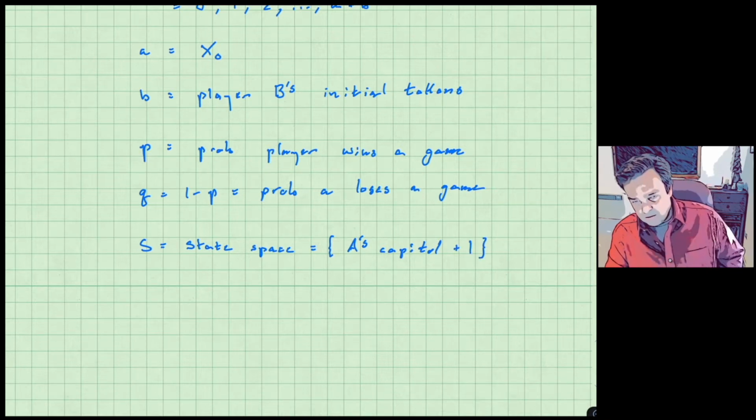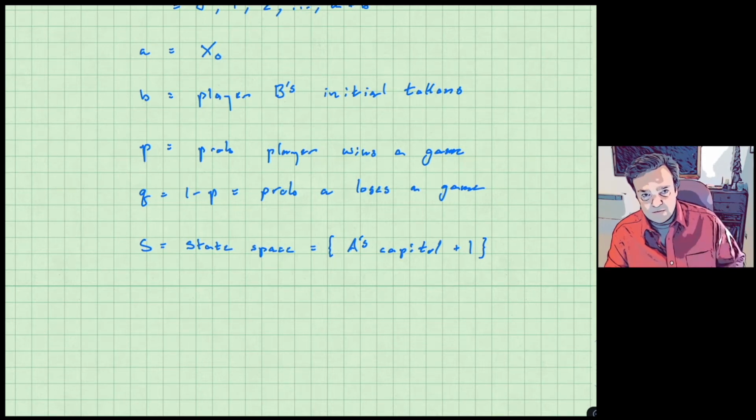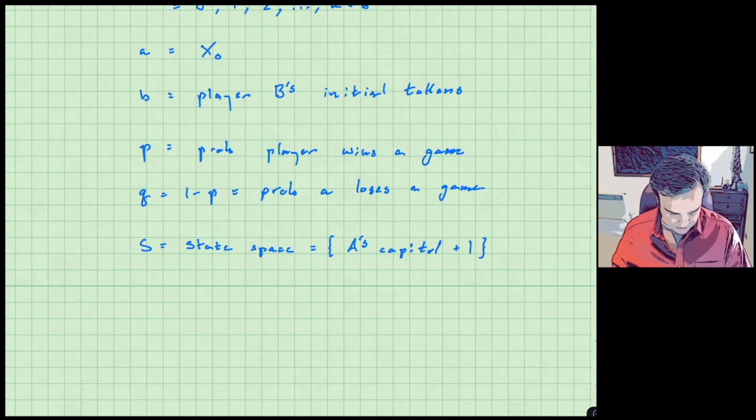This way, the smallest label that a state can have is 1, when A has no capital, when they've lost the game.